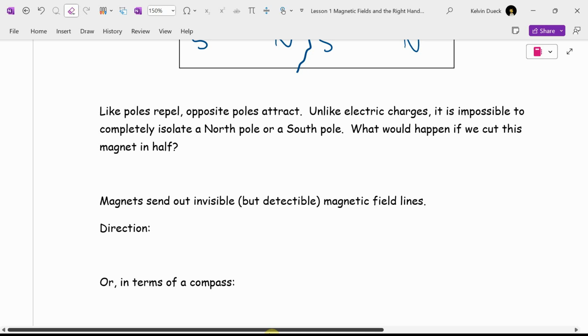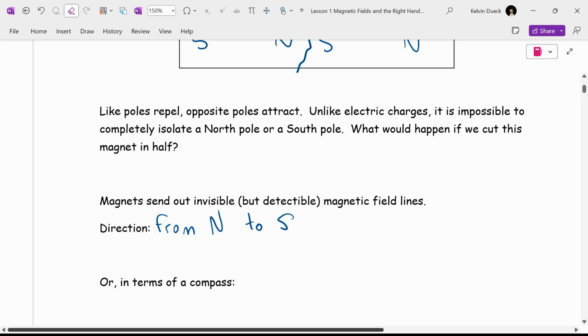With magnets, we're going to have to define the direction of the magnetic field. For the electric field, we said which way would a positive want to move if it could. Magnetic field lines point from north to south.